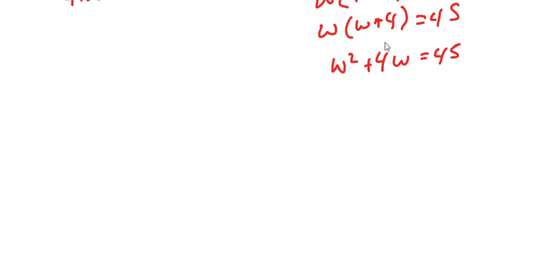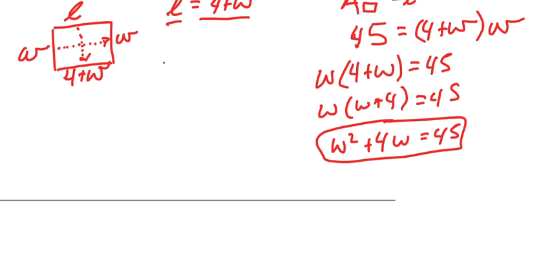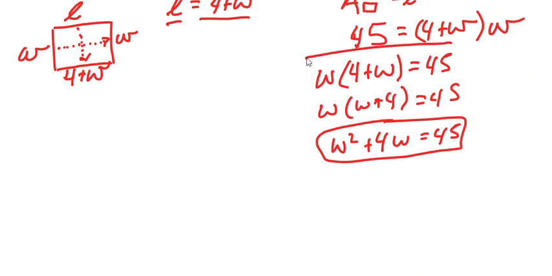It doesn't matter, we're a long way from being able to solve an equation like that, so it doesn't matter which of these ways we chose to set it up. All of them are correct, and then we will figure out how to solve these later.